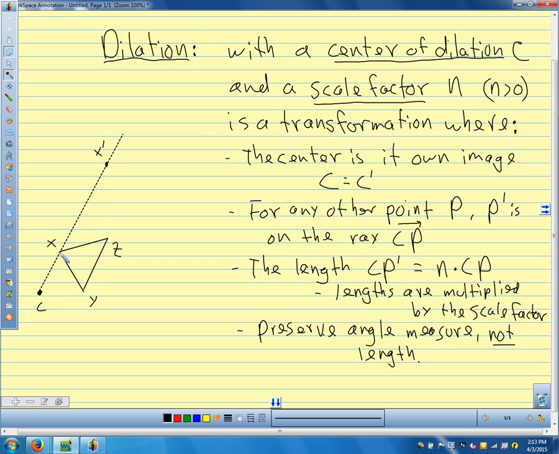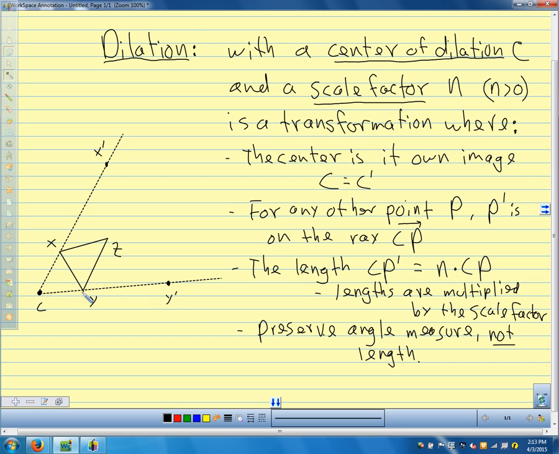And what I'm doing here is I'm making this approximately 3. So if I look at the length of this, this is about twice as long. So this would be a scale factor of 3, about. I'm doing it kind of by eye here. I'm going to draw a ray through Y. And Y prime is going to be out here.